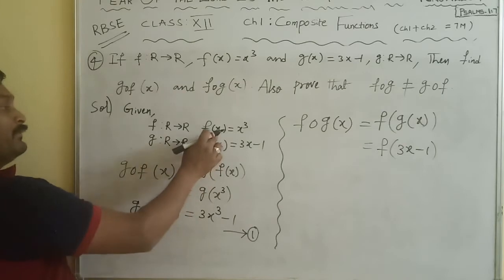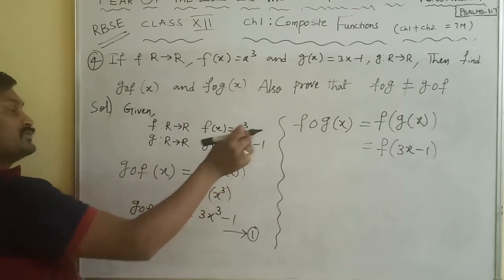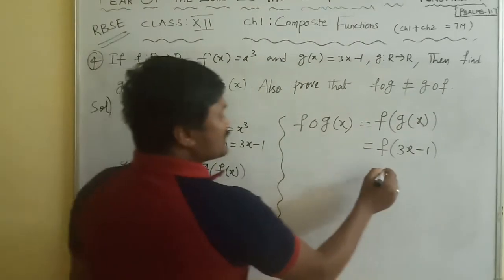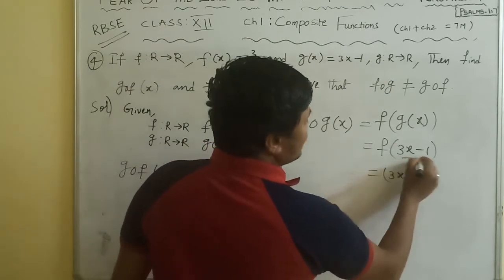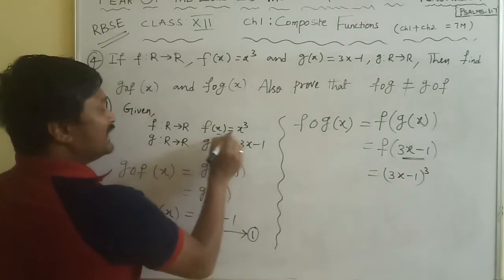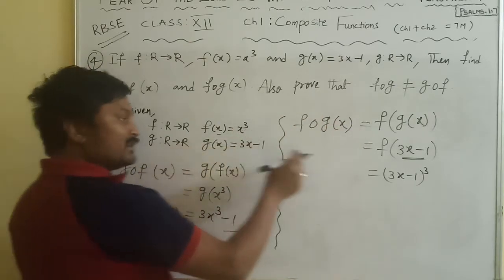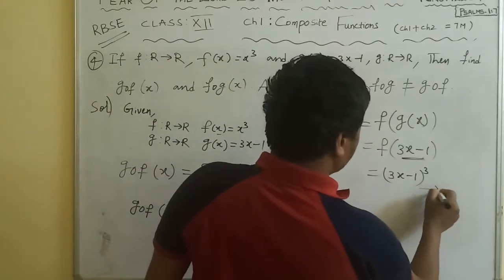So now f of x means what do you know? x cube. So wherever x is there, substitute 3x minus 1. So here x cube means 3x minus 1 whole cube, because wherever x is there, we substituted 3x minus 1. So this gives us equation number 2.